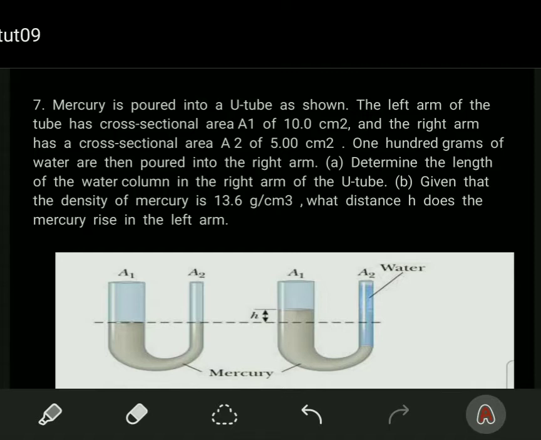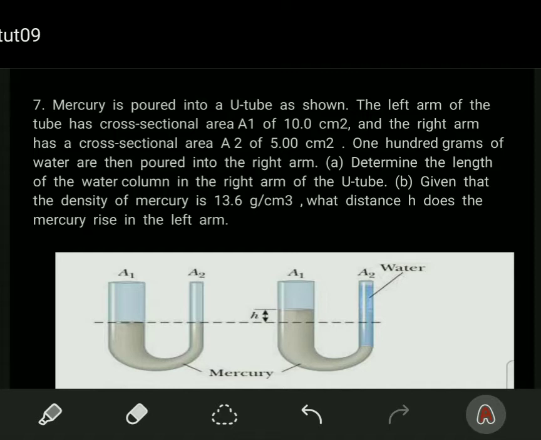We are pouring mercury into this U-tube, but the U-tube has openings with different surface areas. As you can see in the diagram, the opening on the left is quite a bit bigger than the one on the right, so the surface areas are different.